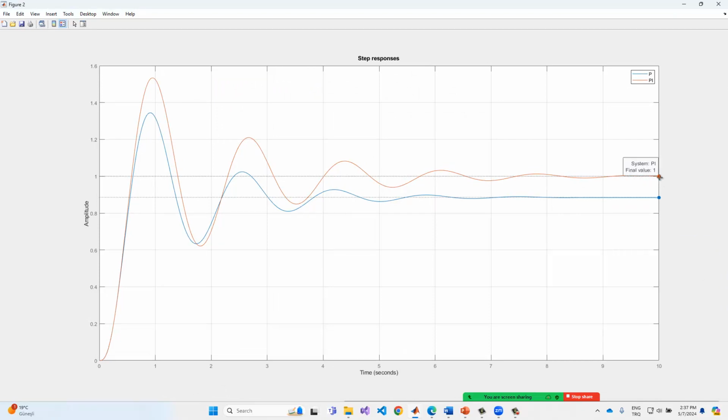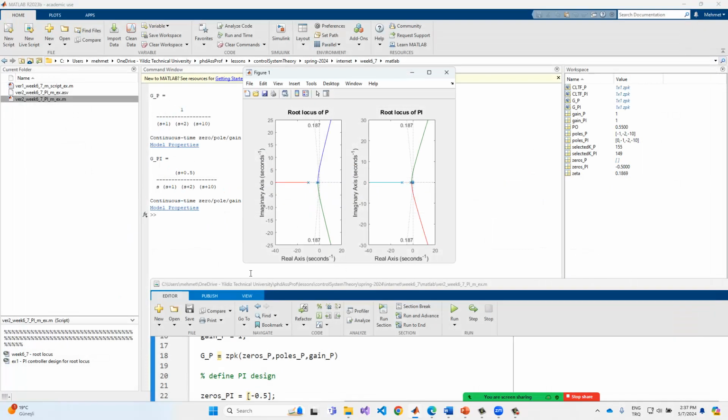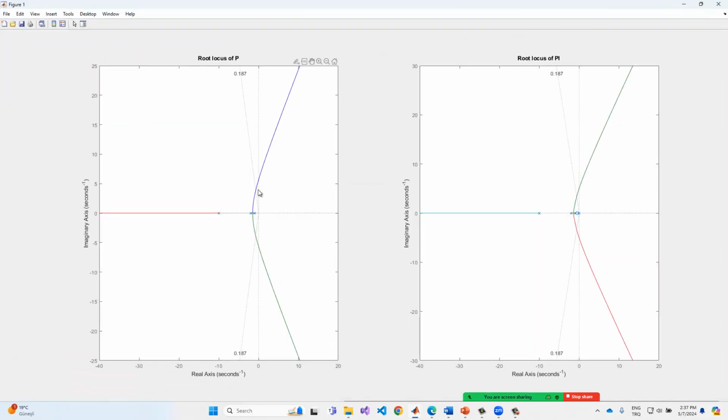Final value is the 1, right? But the final value is 0.68. But if you change your system, you must choose the new P values each time.